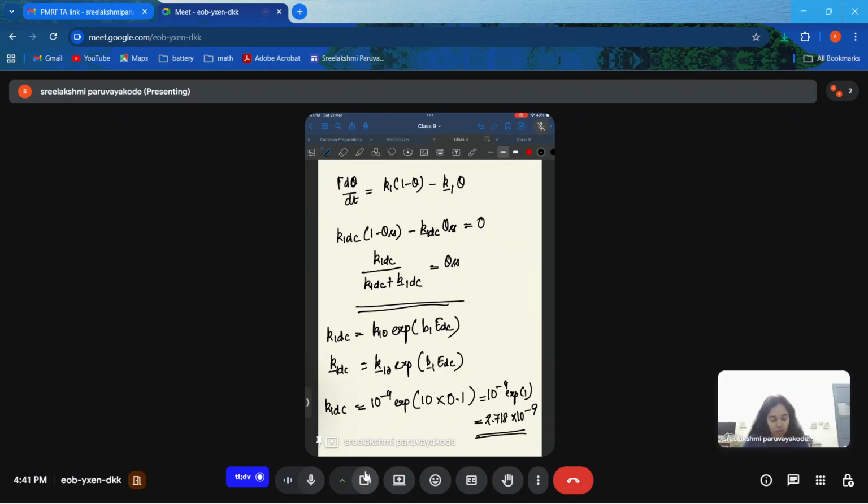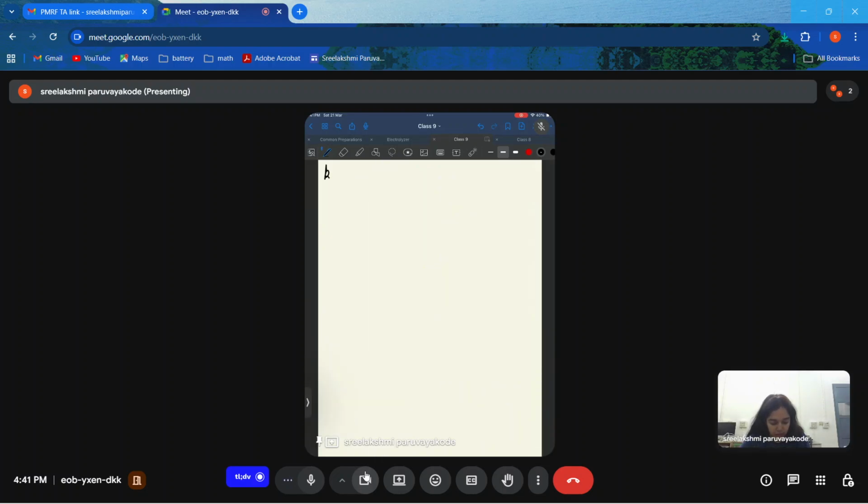Now k minus 1 dc equal to k minus 1 0 exponential of b minus 1 E dc.